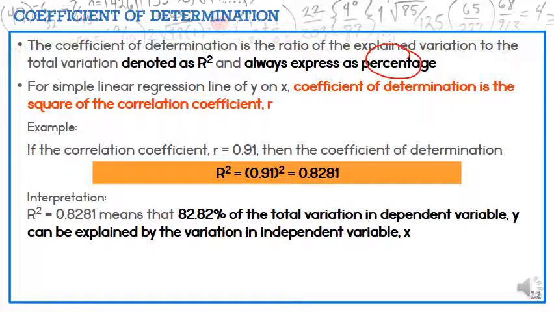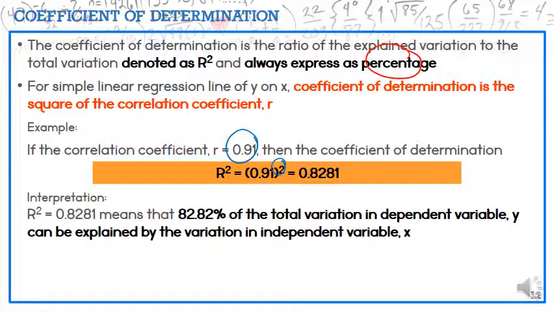For a simple linear regression, okay, the coefficient of determination is the square of the correlation coefficient R. So the Pearson product moment correlation coefficient R that we calculated earlier, to find the coefficient of determination, we simply square the R. So here, if the correlation coefficient R is 0.91, then the coefficient of determination is 0.91 squared.